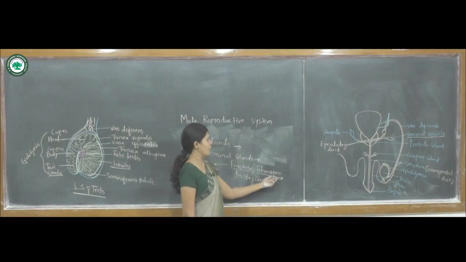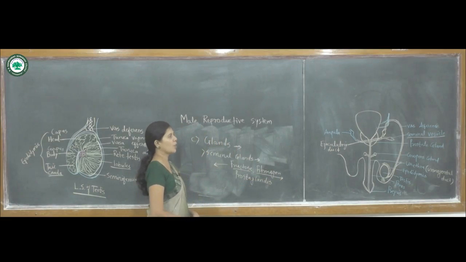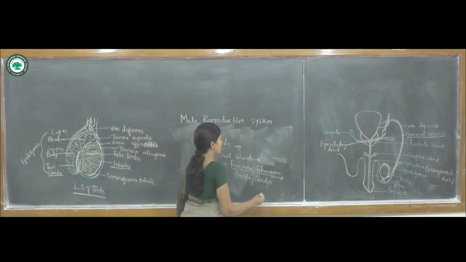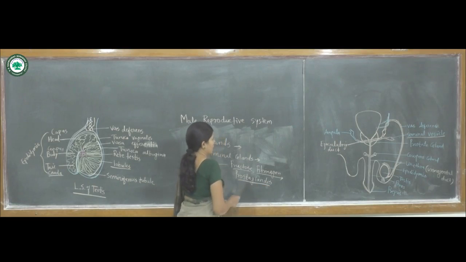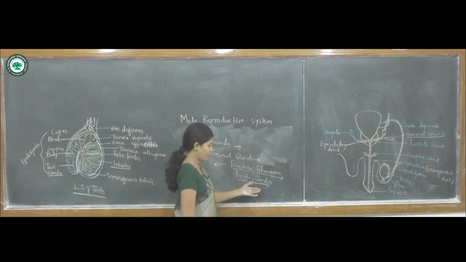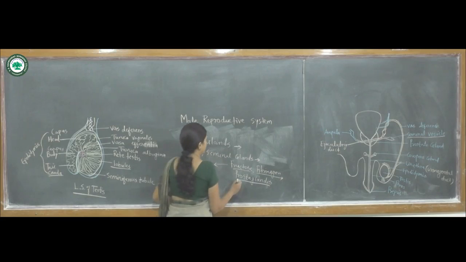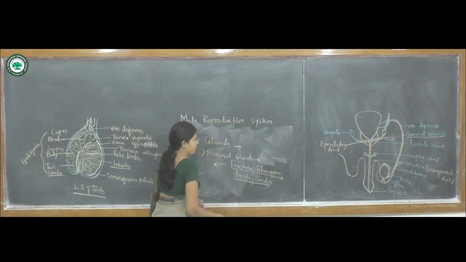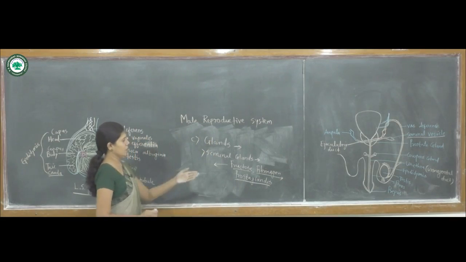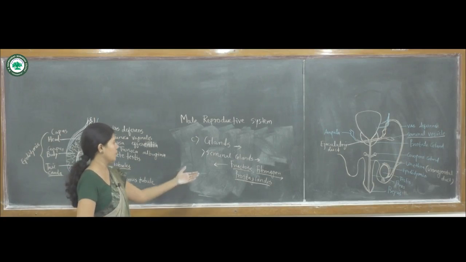That's why the ejaculate is fast-clotting in the vagina. The prostaglandins are also present in the seminal vesicle gland. Their function is to stop the reverse peristalsis of the semen.